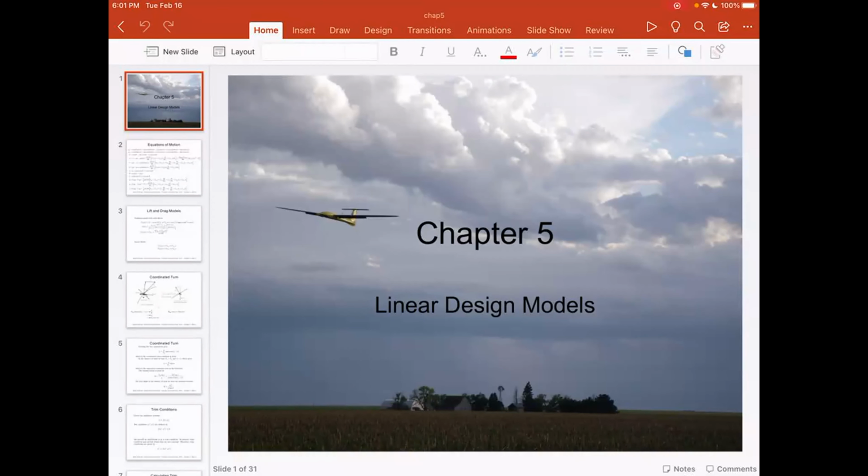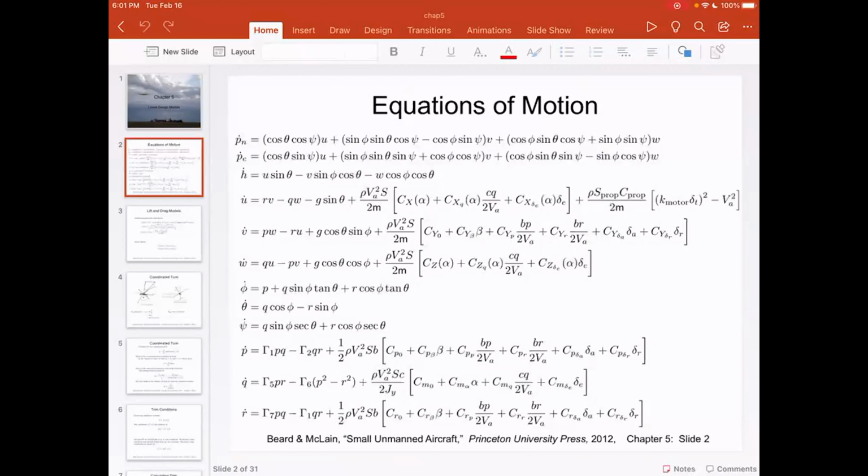Next slide. This slide is very important, and I would encourage you to take a snapshot of this slide or save it, because we will come back to this slide again and again.